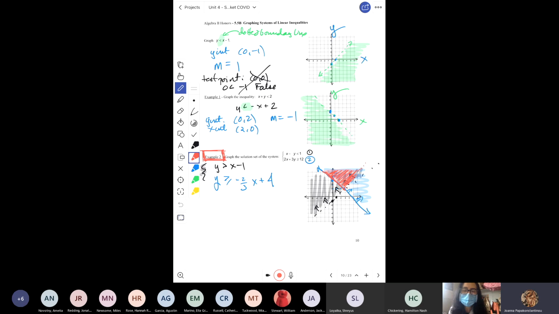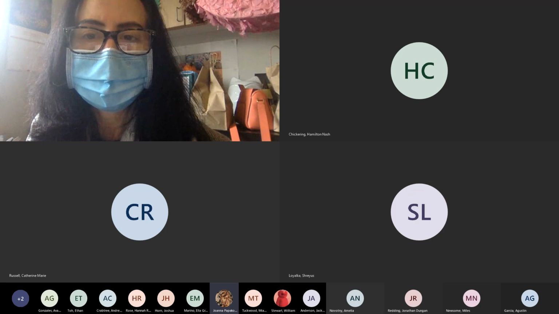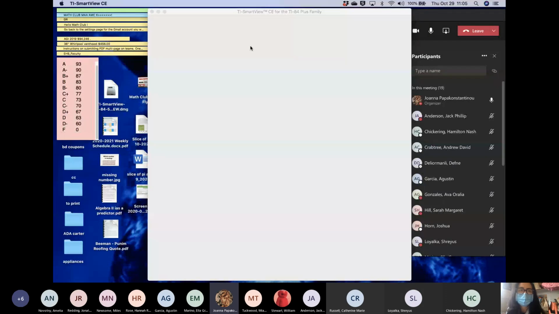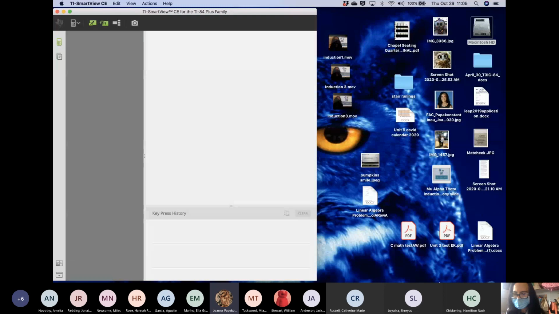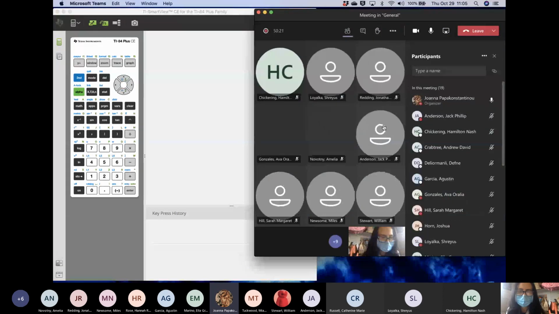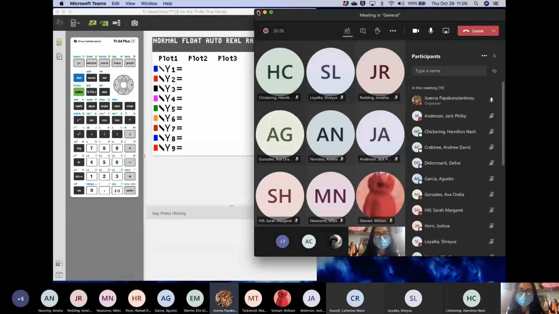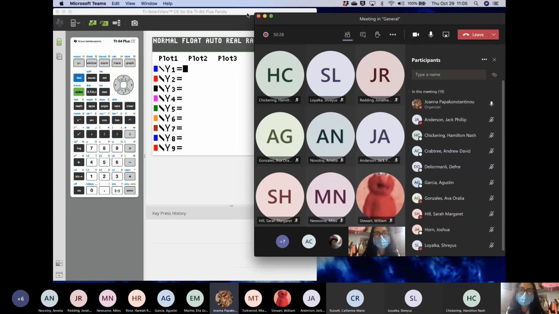Okay, so I'm going to take out my calculator. God willing. Oh, there we go, slowly but surely. And I'm going to have to change my share screen to here. Okay. Bring that back. Okay.